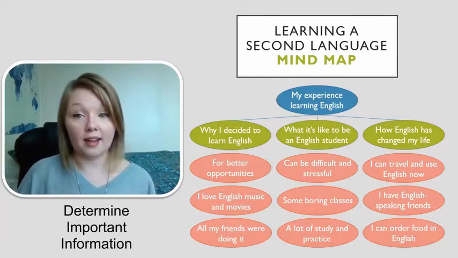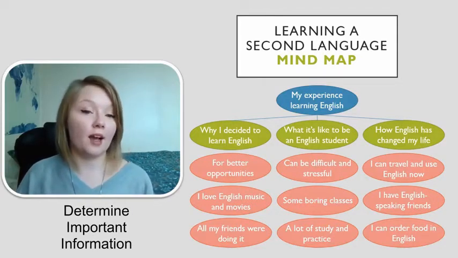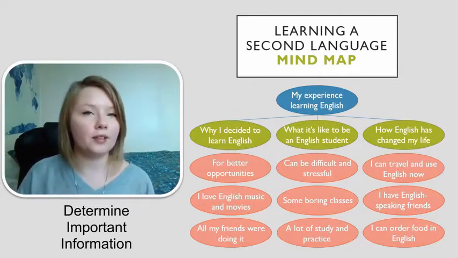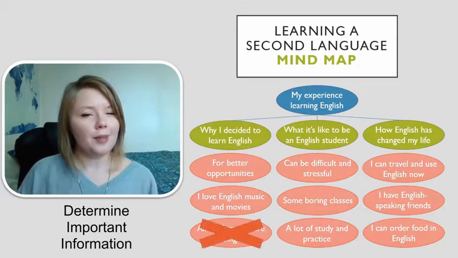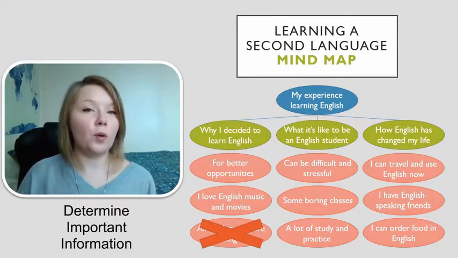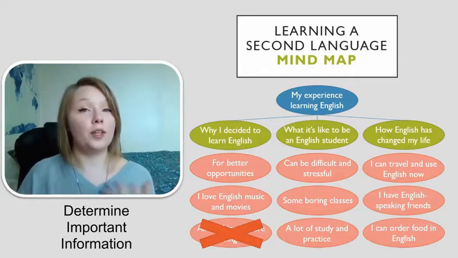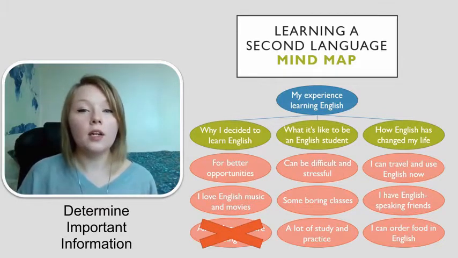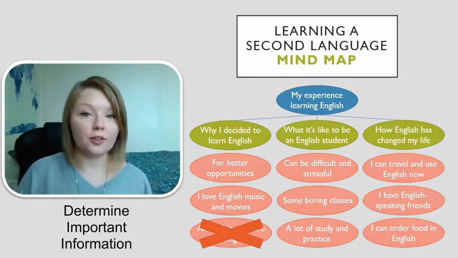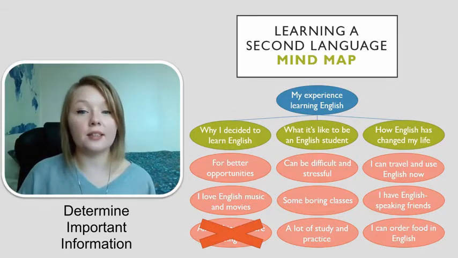So why I decided to learn English. Let's see, opportunities, English music and movies, and all my friends were doing it. Maybe I don't want to talk about all of my friends doing it, and I'll focus more on my motivation. What it's like to be an English student. Let's see, difficult and stressful, some boring classes, a lot of study and practice.